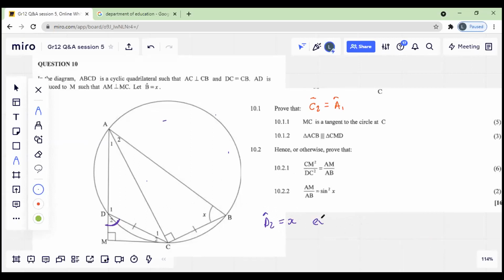It's because of exterior angle of cyclic quad, not tan chord theorem. Everything else was perfect. So just change the tan chord theorem to exterior angle of cyclic quad, and then everything else was 100%.